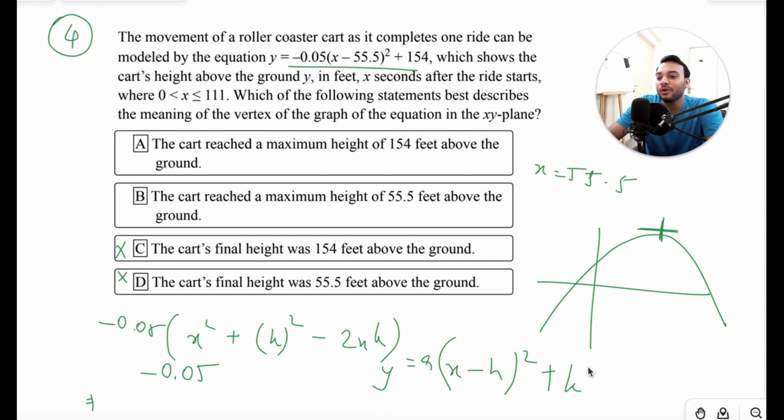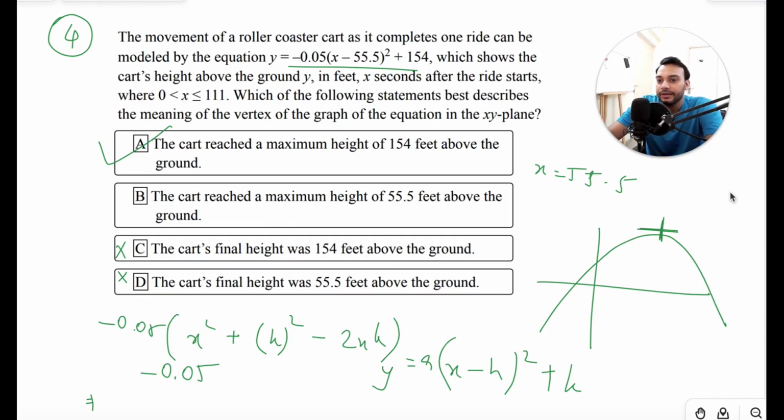So 154, the k, is basically the y coordinate of the vertex or the maximum height, the actual maximum height achieved. So basically the cart reached a maximum height of 154 feet after traveling for 55.5 seconds. Because 55.5 seconds, that's the x coordinate of the vertex, and 154 feet, the height, is the y coordinate of the vertex. So option A is the correct one.